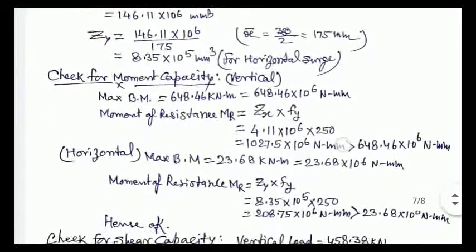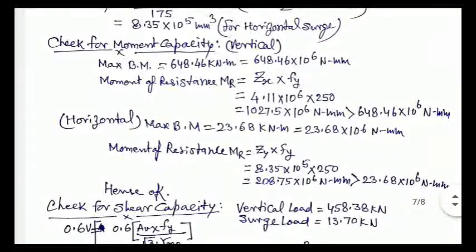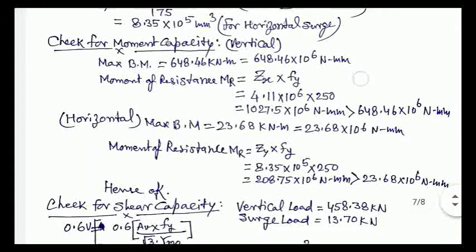Now we have to check the capacity or moment of resistance of the sections for these calculations. The maximum bending moment is 648.46 kilonewton meter, or 648.46 into 10 raised to power 6 Newton mm. Now moment of resistance of the section in x direction should be Zx into Fy.